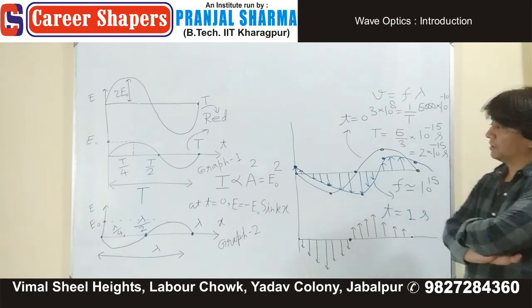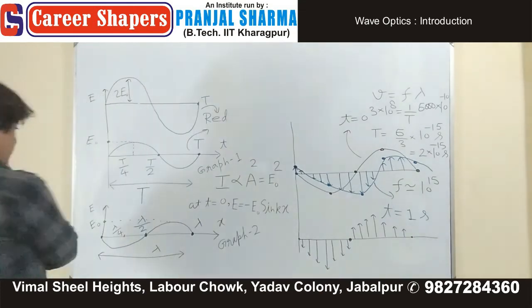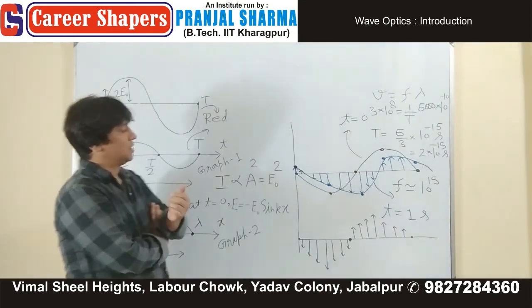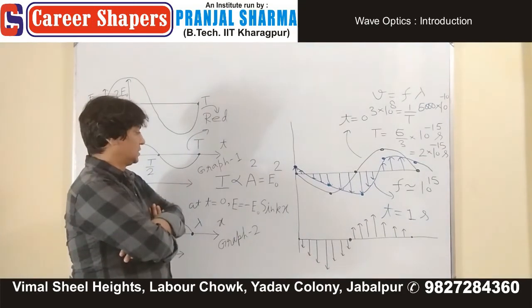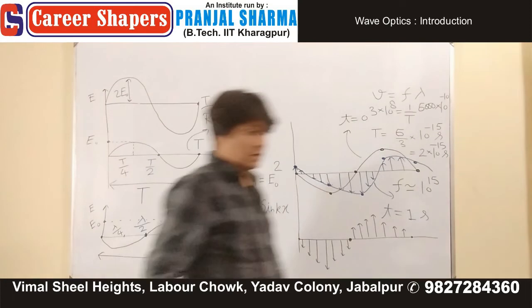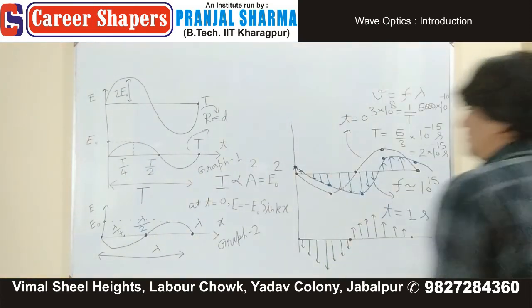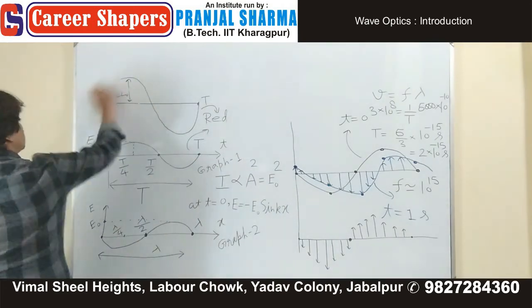Amplitude of light or amplitude of electric field decides brightness of the color. Let's draw this thing in a systematic way.